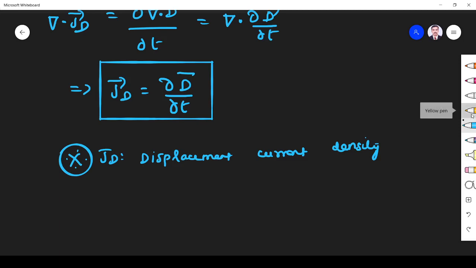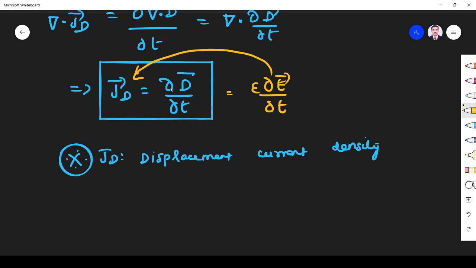From this, what we understand, we know that D is equal to epsilon E. So we take epsilon dou E by dou T. Are you understanding? Right hand side is cause, left hand side is effect. What is the dou E by dou T? This is cause, it is effect.